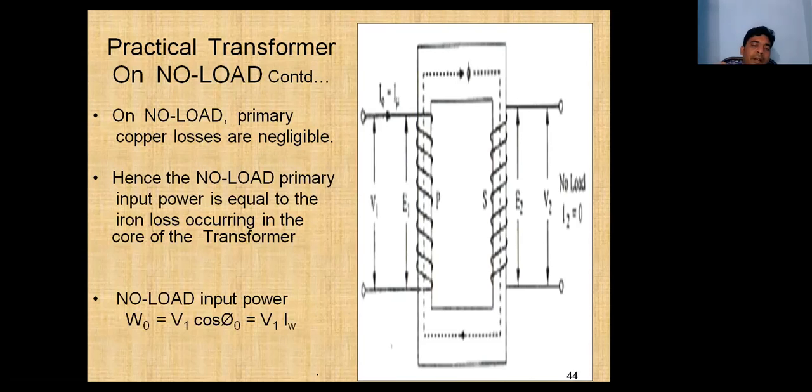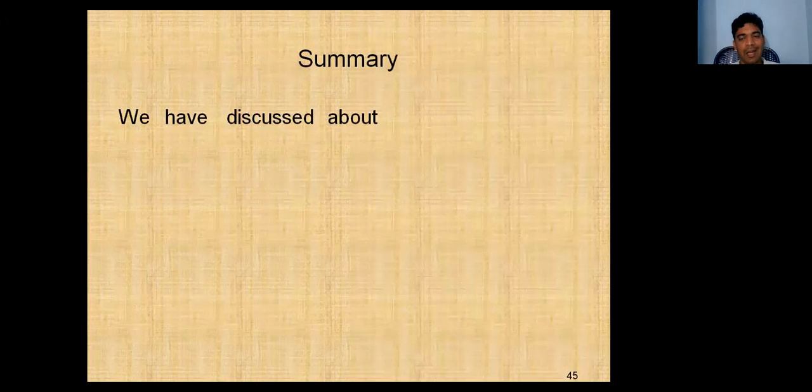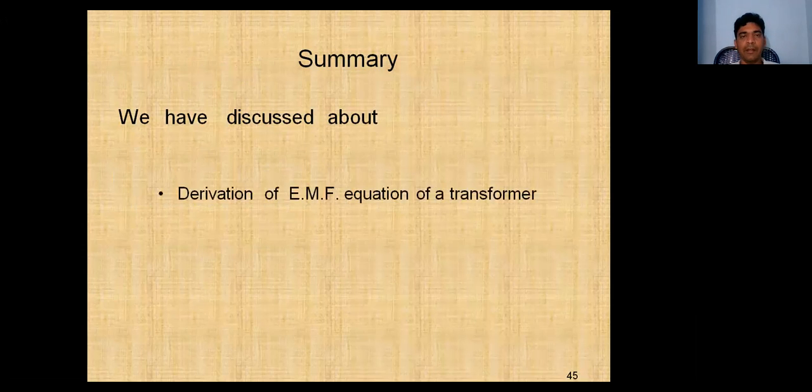No-load input power W0 is equal to V1 I0 cos phi naught, that is equal to V1 I_W.